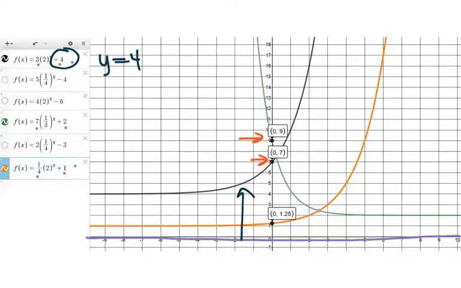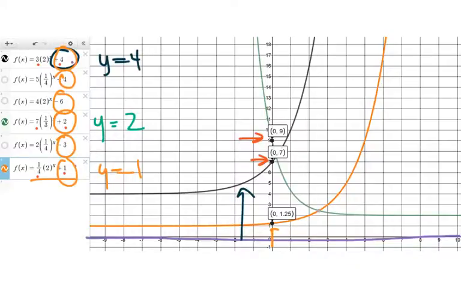It's a horizontal line. Now if we look at the green line, it looks like it's at 2. We shifted it up 2, so it would be y equals 2. Then for our last one here, it was plus 1, so we shifted up to y equals 1. So that number at the end affects our y-intercept and our asymptotes.